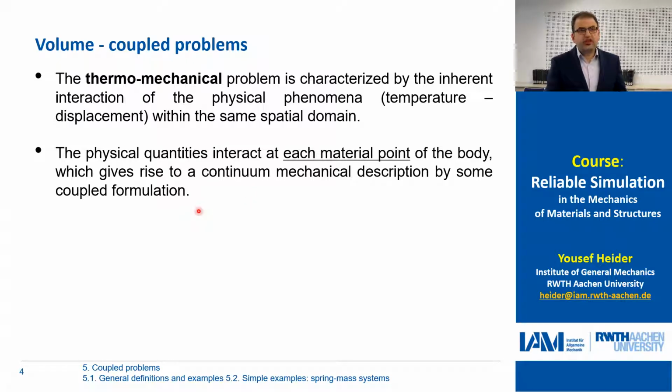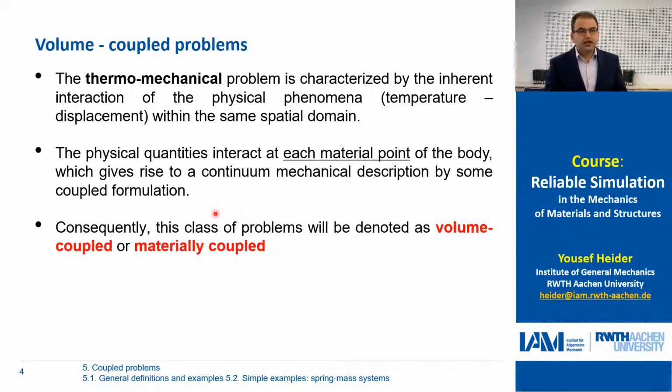So as I said, the physical quantities interact at each material point, which gives rise to continuum mechanical description by some coupled formulations, as we will see later when we put the governing equations of the thermomechanical problem. And then, therefore, we call this kind of coupled problems volume coupled or materially coupled, because the interaction is at each material point.